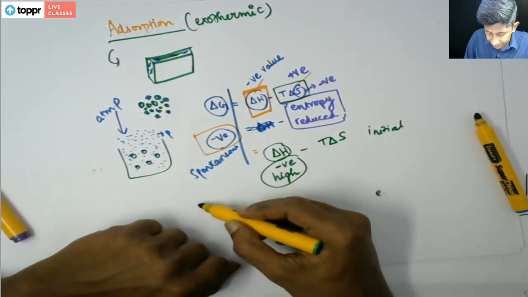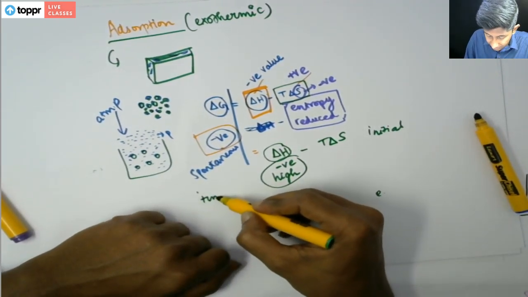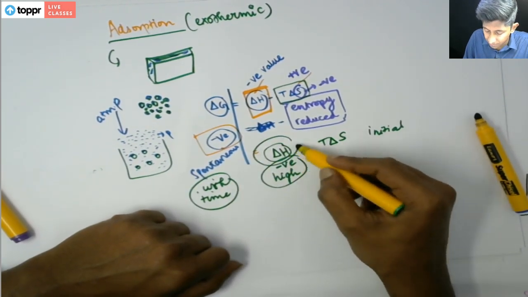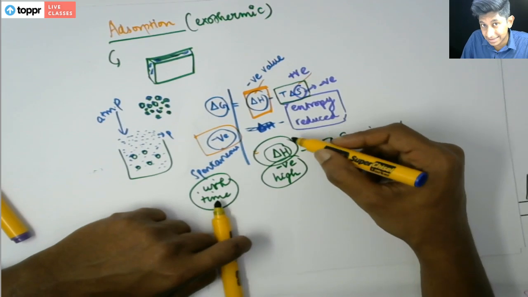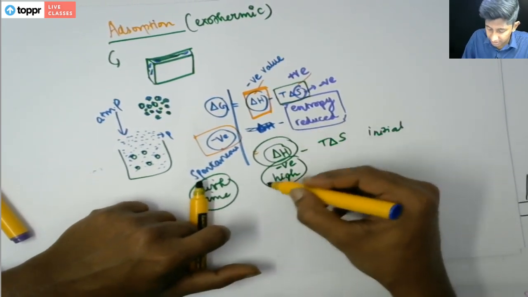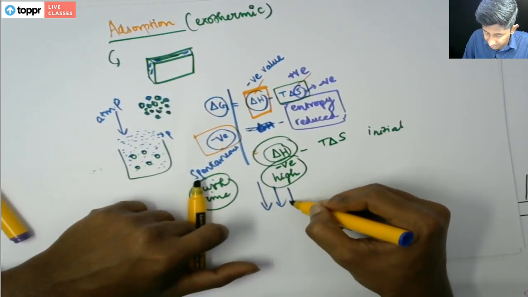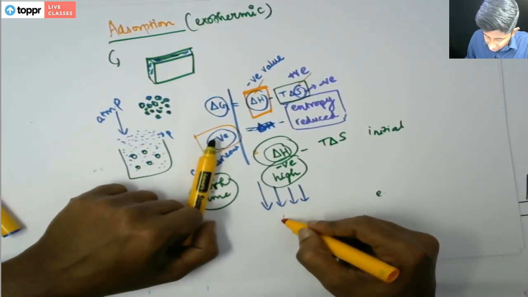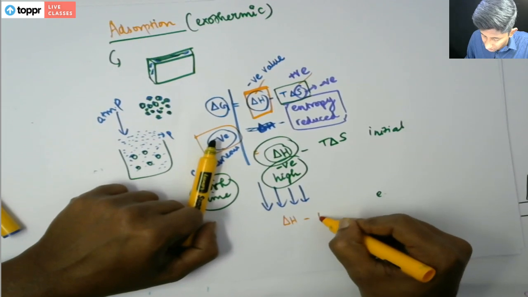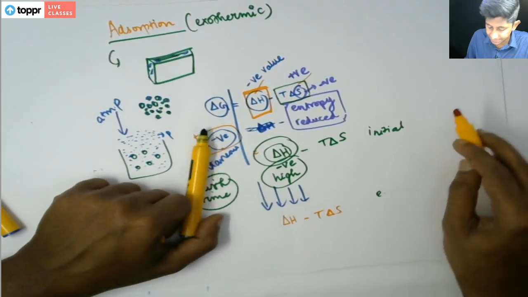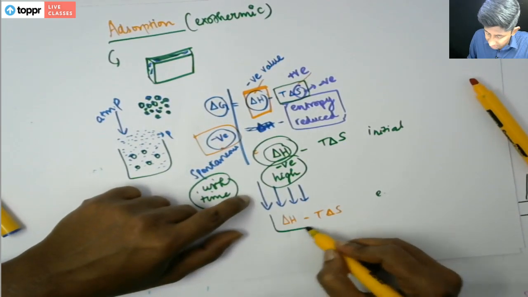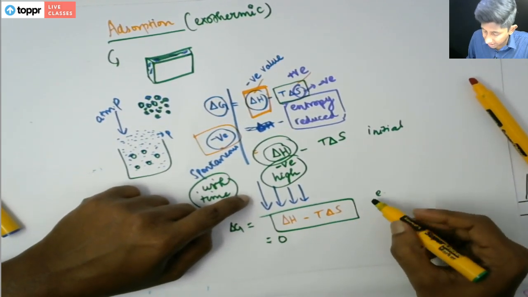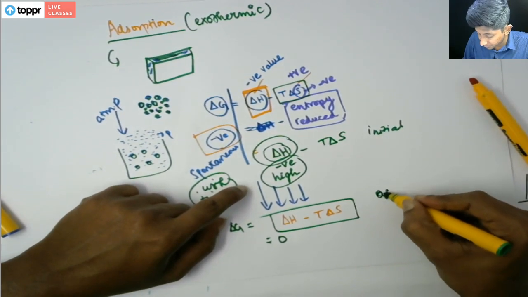With time, this delta H value gets lesser and lesser, until at one point delta H becomes equal to T delta S. Basically, this whole thing becomes zero.